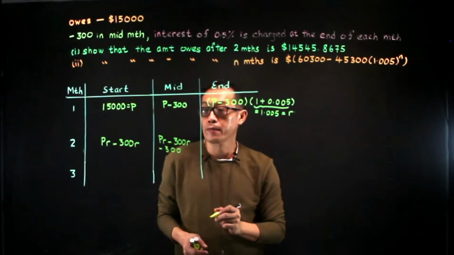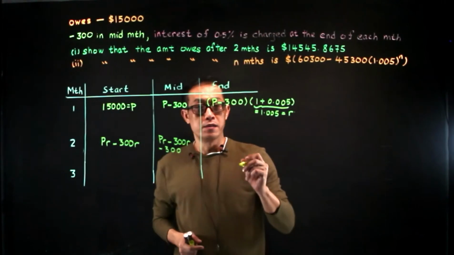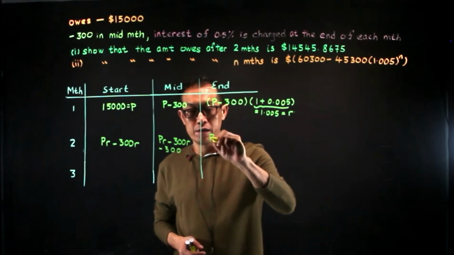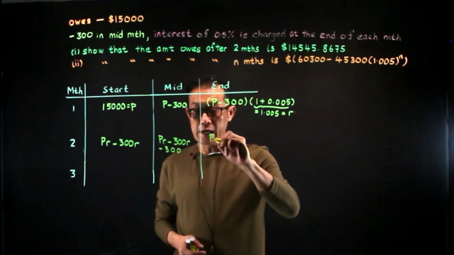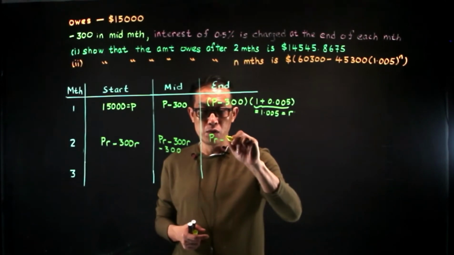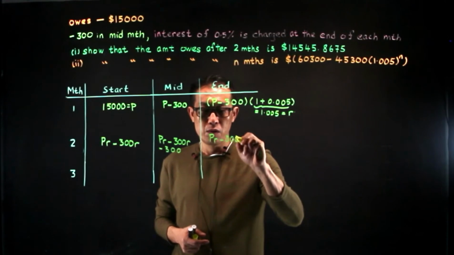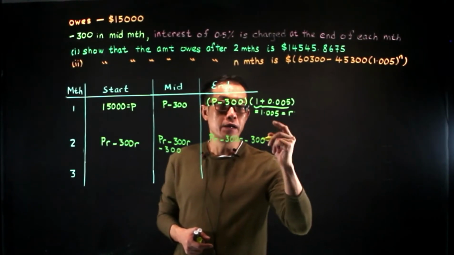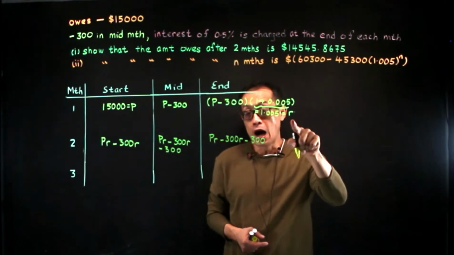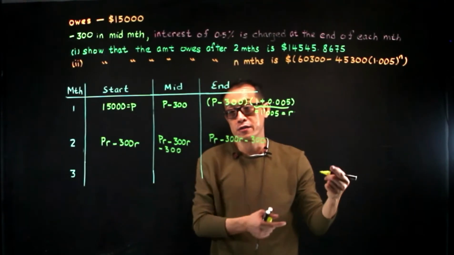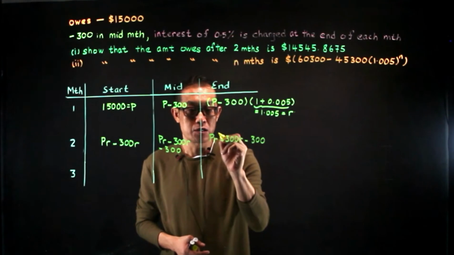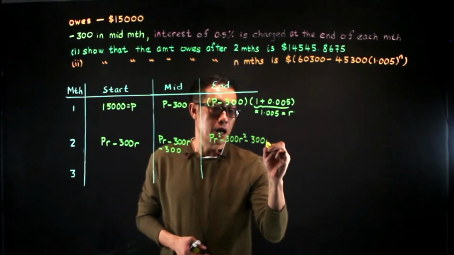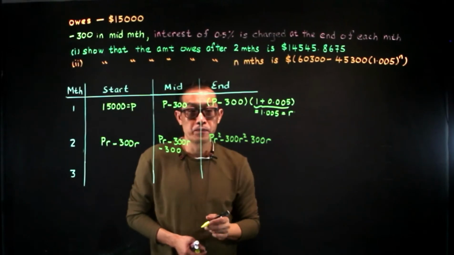At the end of the second month, this amount will need to be multiplied by R, because this is the interest rate. So you will have PR squared minus 300R squared minus 300R.